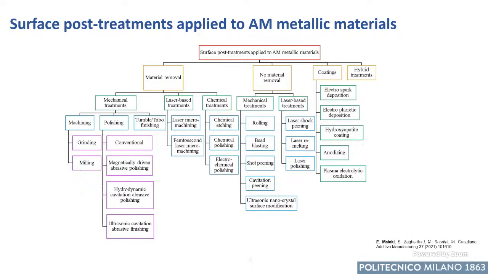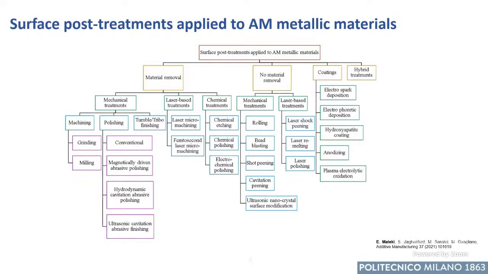The second one is the more interesting. Indeed, we are not subtracting any material. We are just changing the characteristics of the surface. This can be mechanical treatment or laser-based treatment.